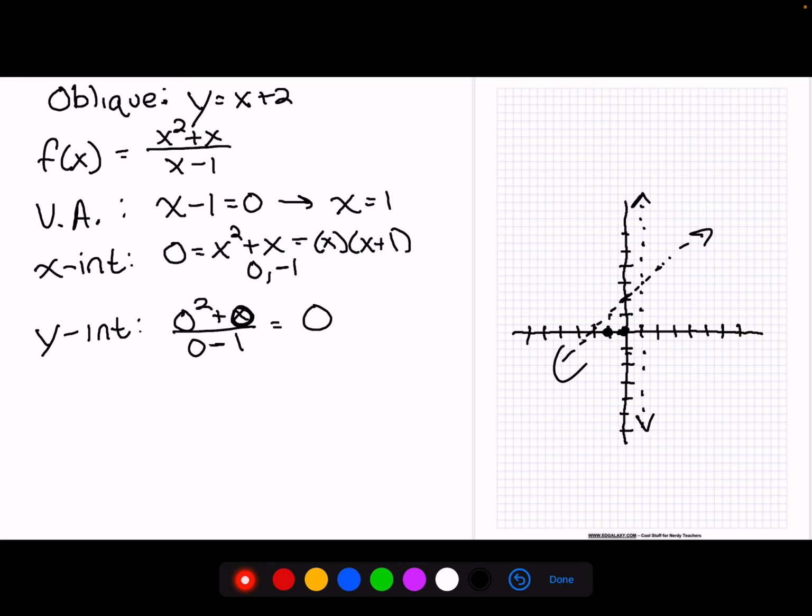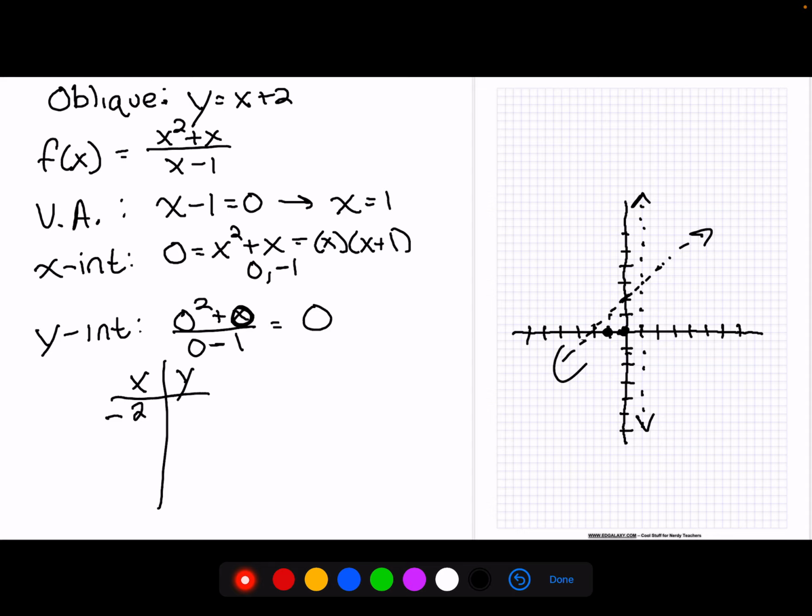Let's see, what would be some good values to plug in? Say I plugged in -2.